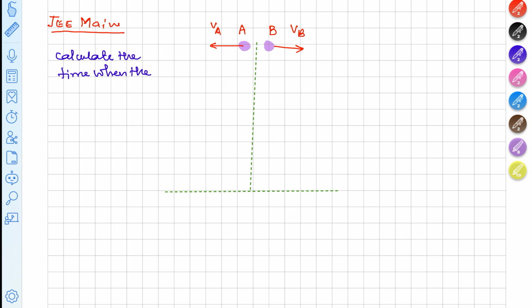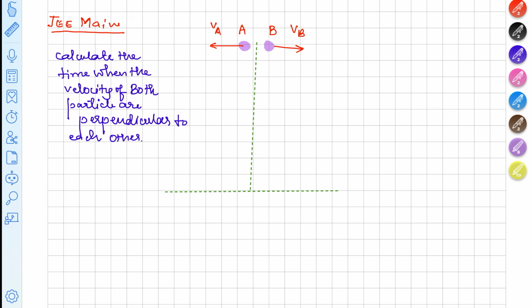when the velocity of both particles are perpendicular to each other.